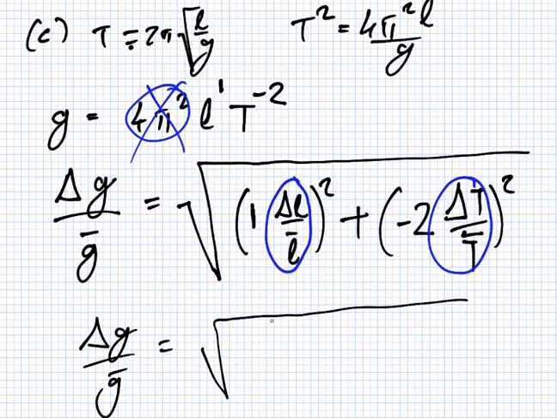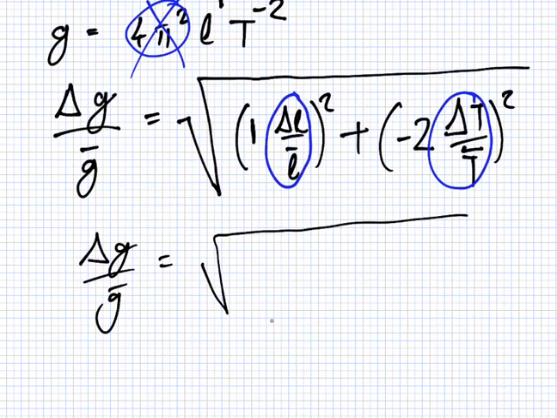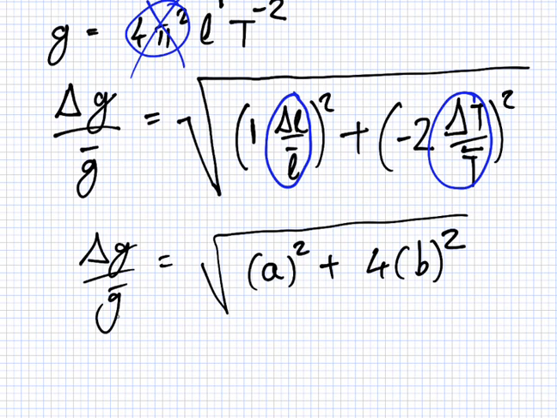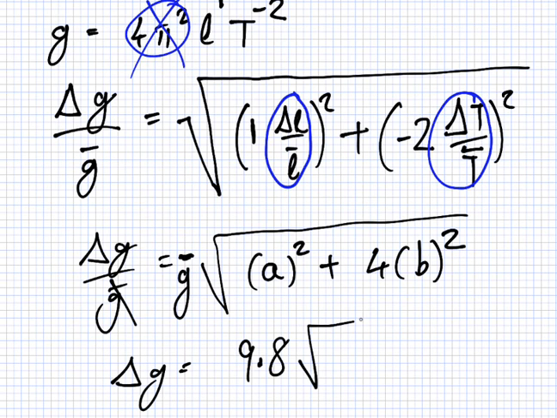And we have delta G over G equals the square root of the answer from A squared plus 4 times the answer from B squared. Then we multiply this by the G. So delta G is 9.8 times the square root of the answer from A squared plus 4 times the answer from B squared.